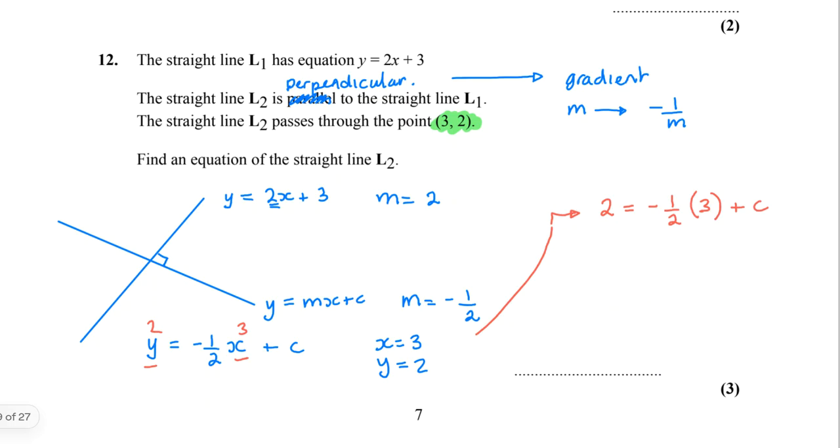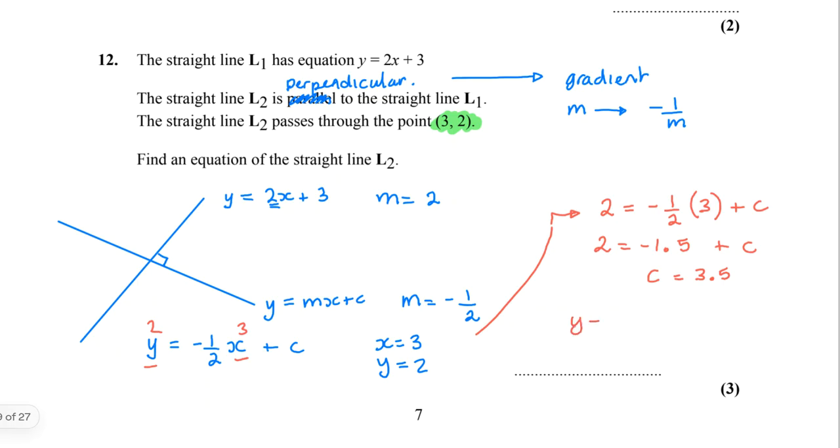This is going to be a trickier one numerically. It doesn't change anything mathematically, but numerically it's a bit harder because we have to deal with fractions. Or you could turn to decimals, I guess. So what's 1/2 times 3? This one might be easy to turn into decimals. So minus 1.5 plus c. So c has to equal 3.5.